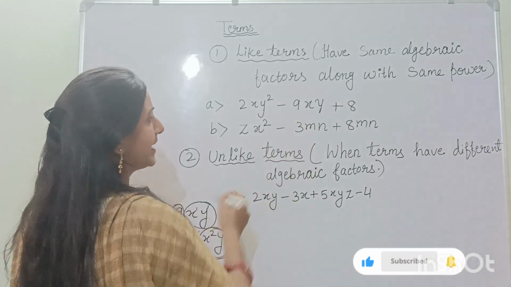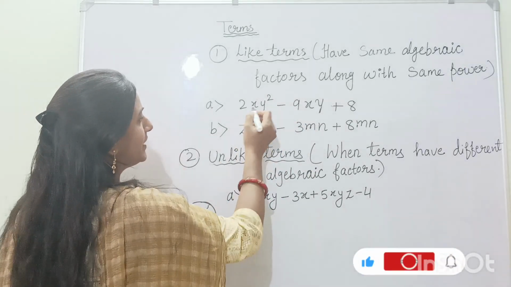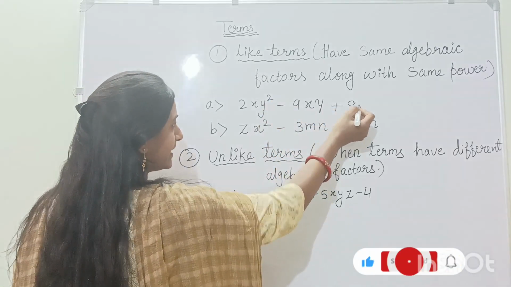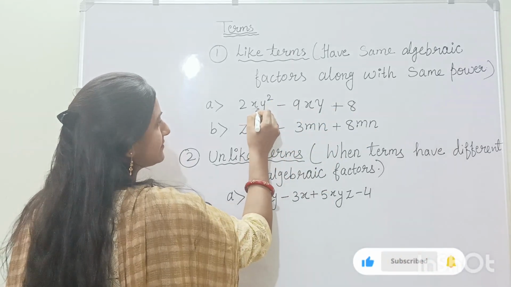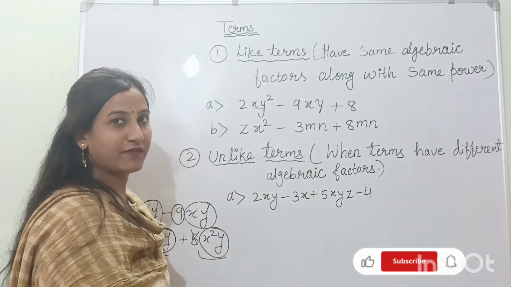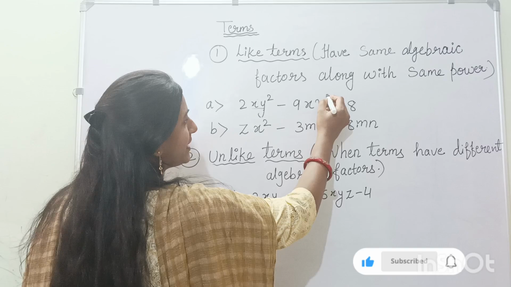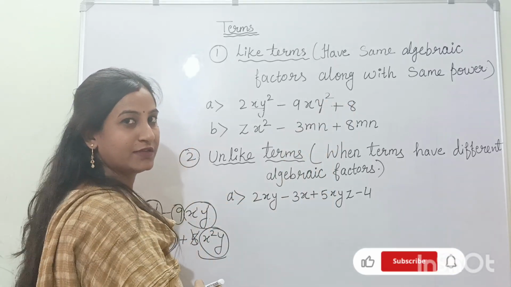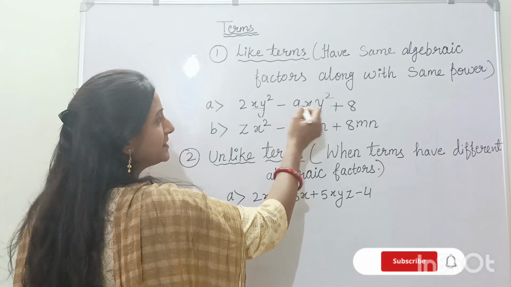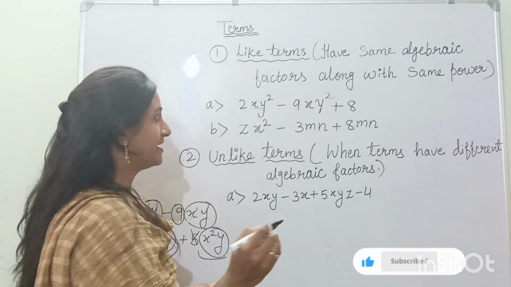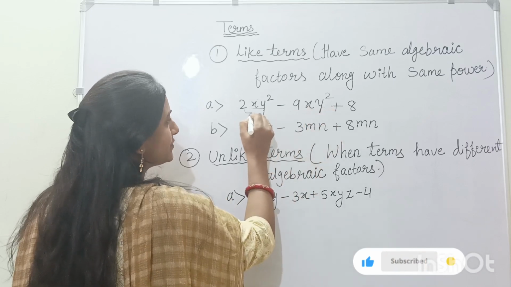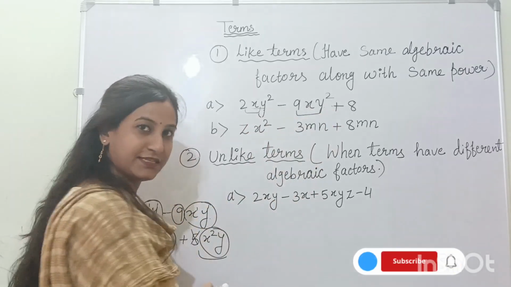We have a few more examples. 2xy square minus 9xy plus 8. In this, xy square and here xy: are they equal? No. If we put a square here, they can be like terms, because both terms have the same algebraic factors, xy square and xy square.